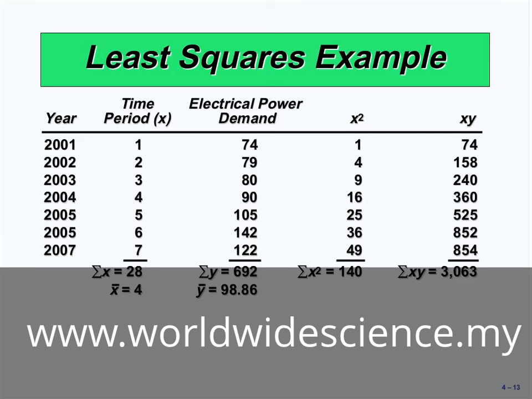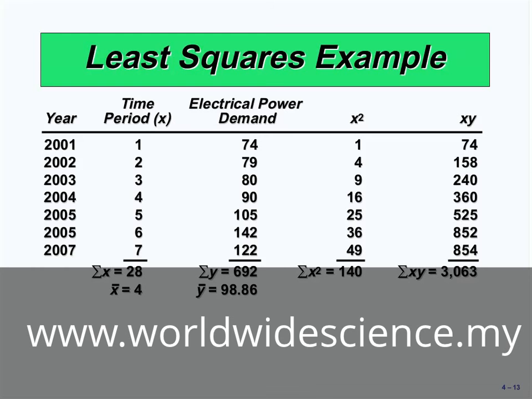Please be careful and listen to me carefully for the process. We should add a column beside the year. Okay, 2001 is the first one, year one. 2002 is year two. 2003 is year three.